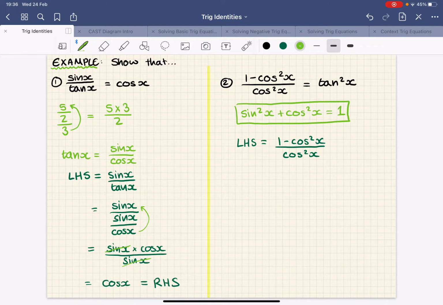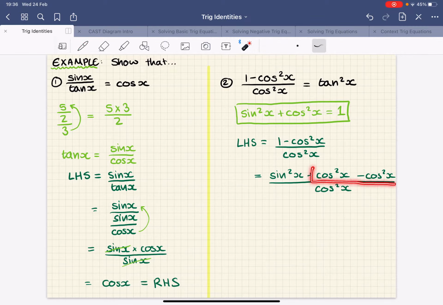Now there's a few ways I can go about using this identity. I could show my rearranging for it and putting it in that cos squared x part, but I'm going to go through a slightly different route. I'm going to swap out the 1 for the sin squared x plus cos squared x. And then I have that minus cos squared x from before. Those are just going to cancel each other out.